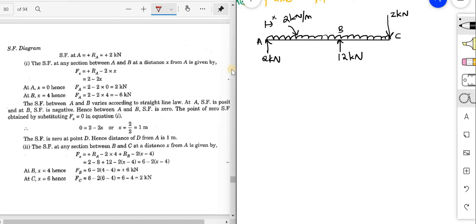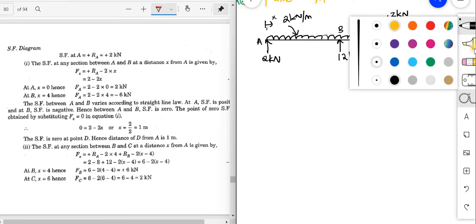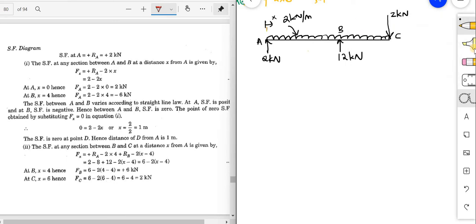So here you can see the shear force at A. What is the shear force at A? I am considering a section just to the right side, a small section taken very near to A. Now there are two options: either I can take the forces to the left or to the right.